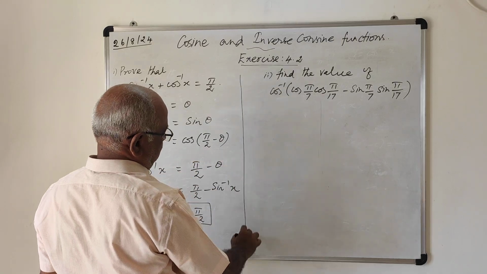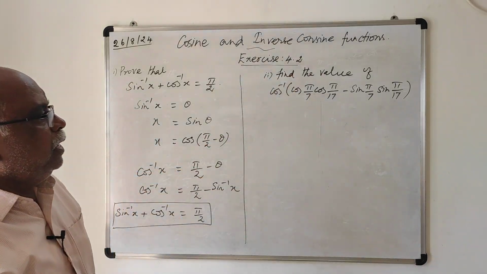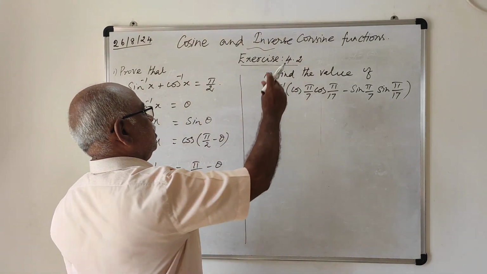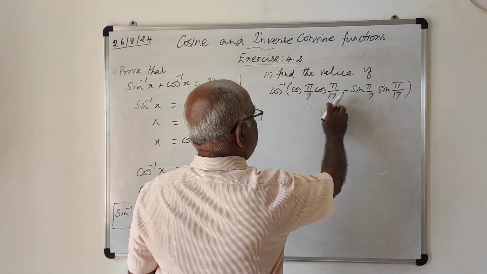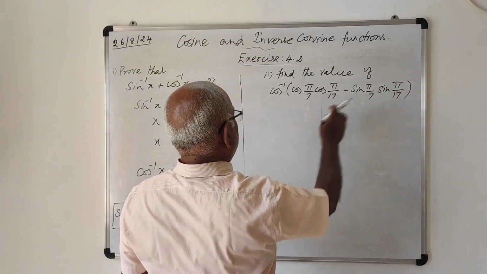Next, we will solve this problem. Find the value of cos inverse of cos pi by 7 cos pi by 17 minus sin pi by 7 sin pi by 17.